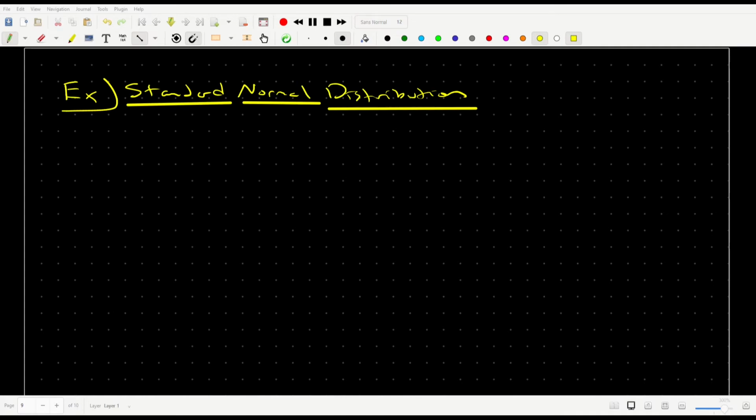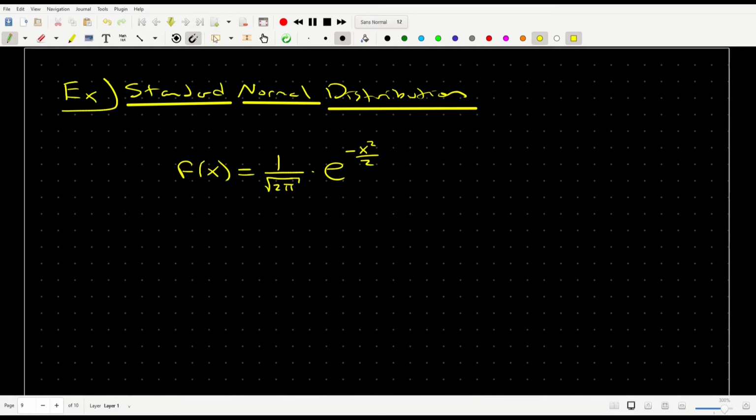So without defining what a probability distribution is, because this class is not a probability and statistics class, I'm just going to introduce the following function. The function f of x is equal to 1 over the square root of 2 pi times e to the negative x squared over 2.